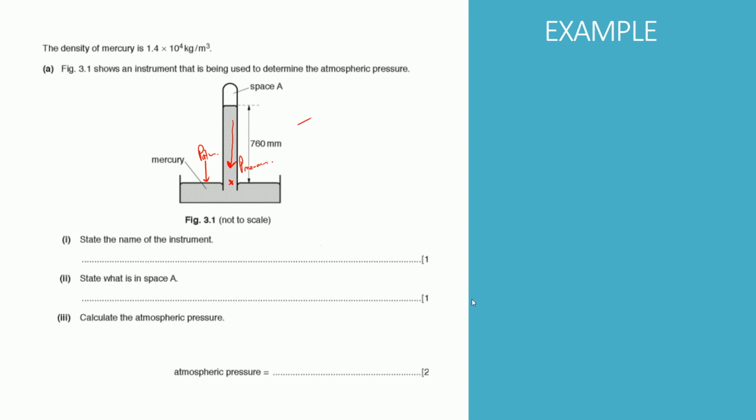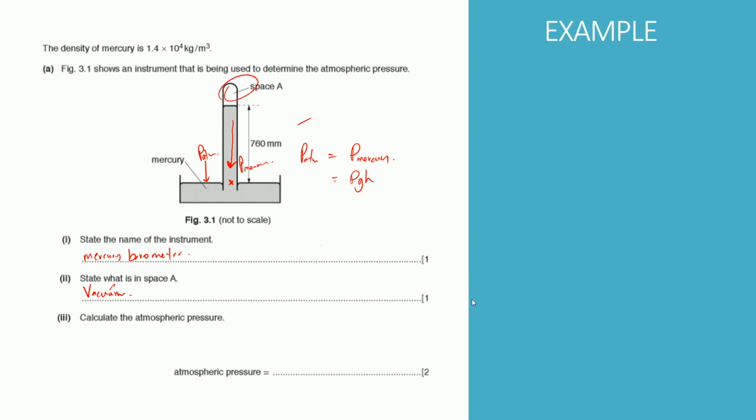And so we know that in equilibrium, pressure of atmosphere is equal to the pressure of mercury at the base of the column, which is of course equal to ρgh, and we'll be using that in a second. So the name of the instrument is obviously the Mercury Barometer, and the space A has a vacuum in it, as I said before, which is the space here.